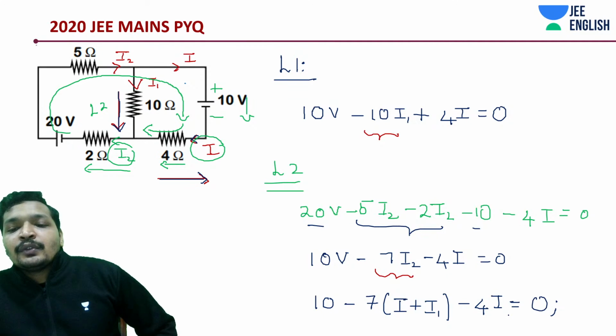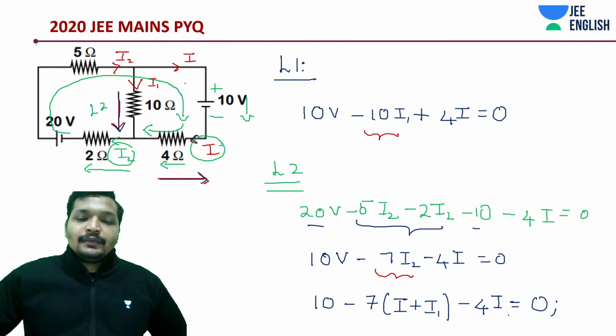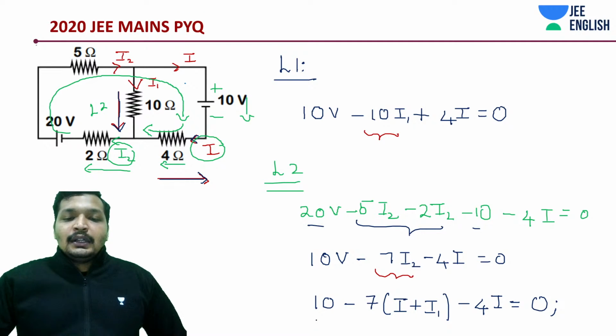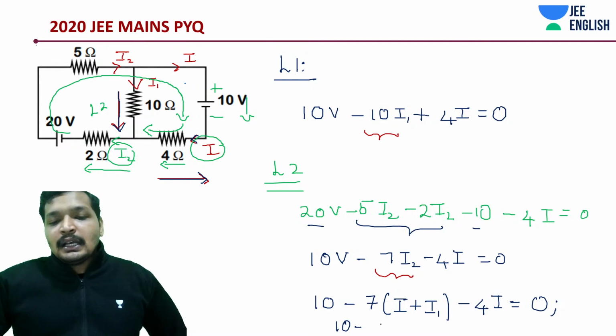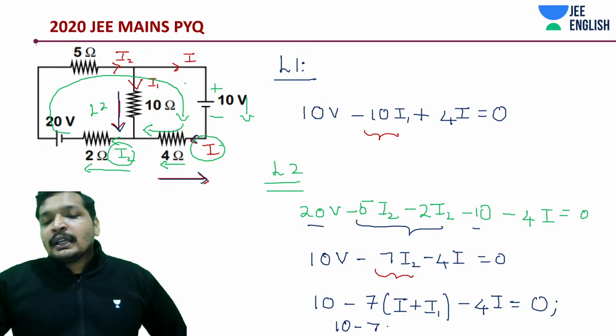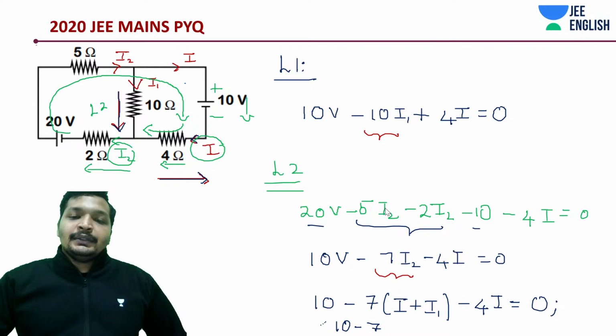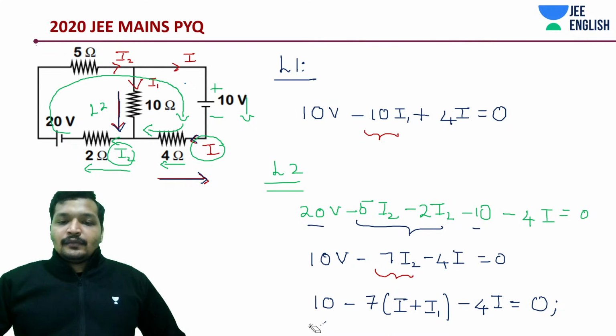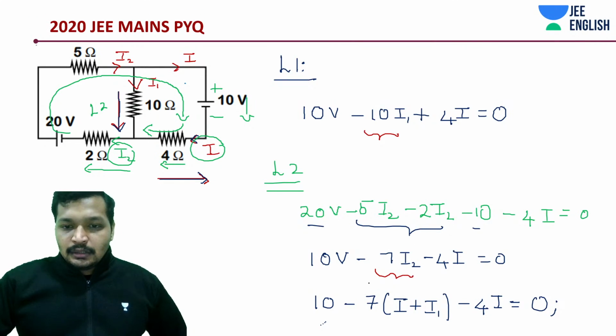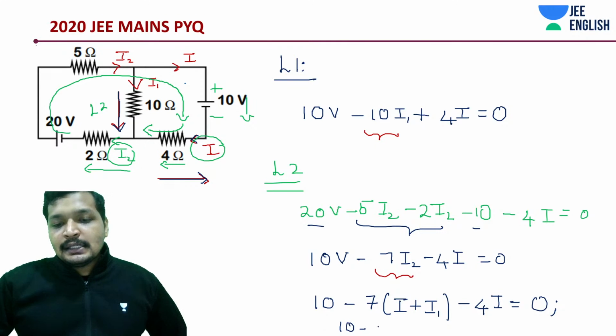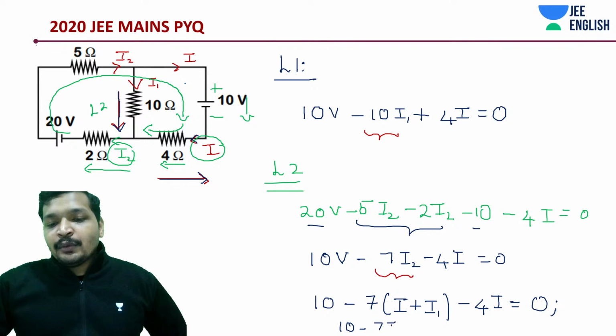So this is going to give you minus 11i, and you'll be having minus 7i1. 10 minus 7i1 minus 11i.